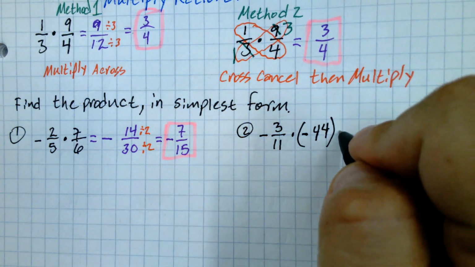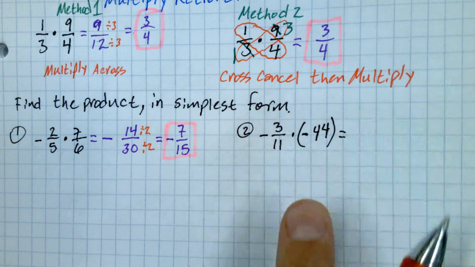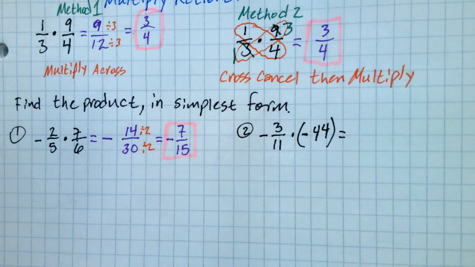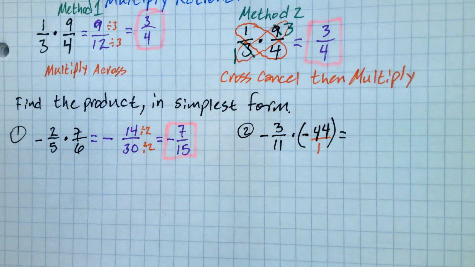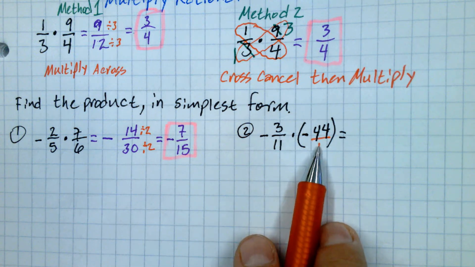I'm going to try to persuade some of you, who are not a big fan of that cross canceling, to maybe go into the dark side. If you're multiplying times a whole number, we got to change it into a fraction. Remember how you make it into a fraction? 1 is the denominator. So we're really multiplying negative 3/11 times negative 44 ones.